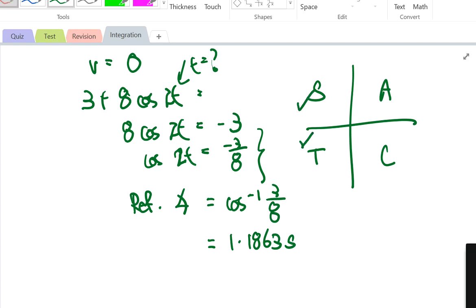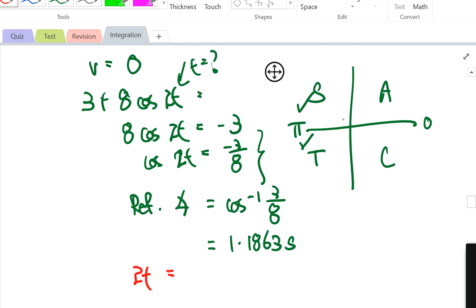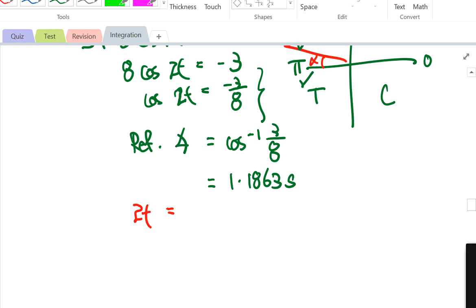You are correct. And remember, down here is pi, down here is 0. So I want to find the answer now. So 2t, if it lies in the second quadrant, this is your basic angle, I must use pi minus 1.1863. Then I'm going to press the calculator.